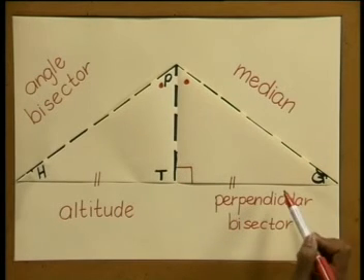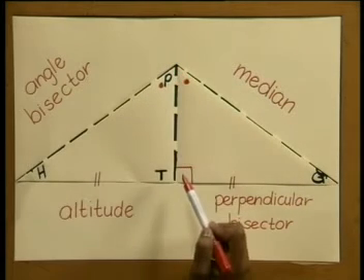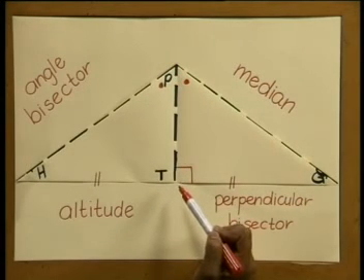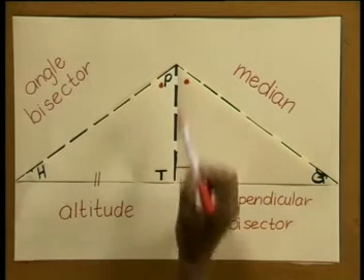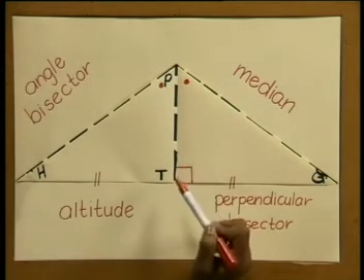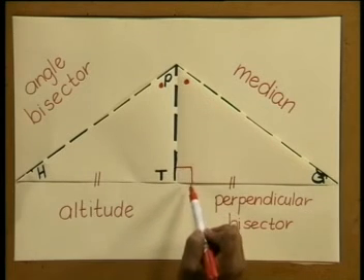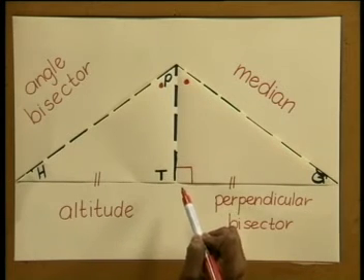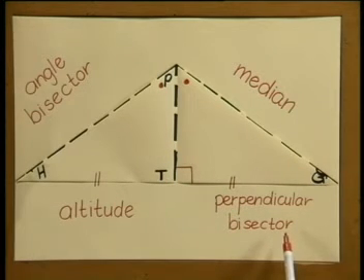Can you remember from lesson 2 what we called a line that passes through the vertex and bisects the opposite side? Yes, it is a median. So we can say that PT is a median in this triangle. Now PT also bisects HG in a specific way, at a 90-degree angle or perpendicularly. We say that PT is a perpendicular bisector.